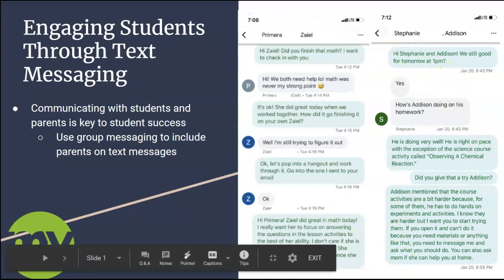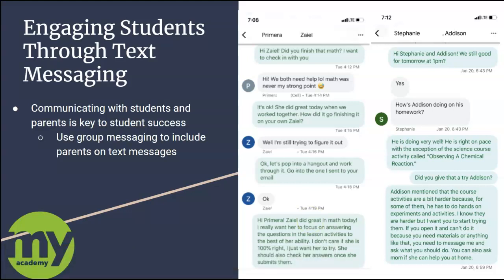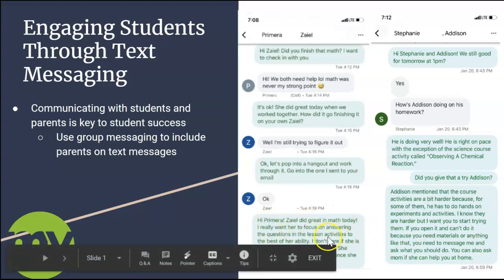So in these particular examples here, you can also see how I give a few specific hints and tips that parents can do to support their students at home. So down here, I gave this parent the suggestion that working with the student on the lesson activities, that I don't care if she gets every question correct.